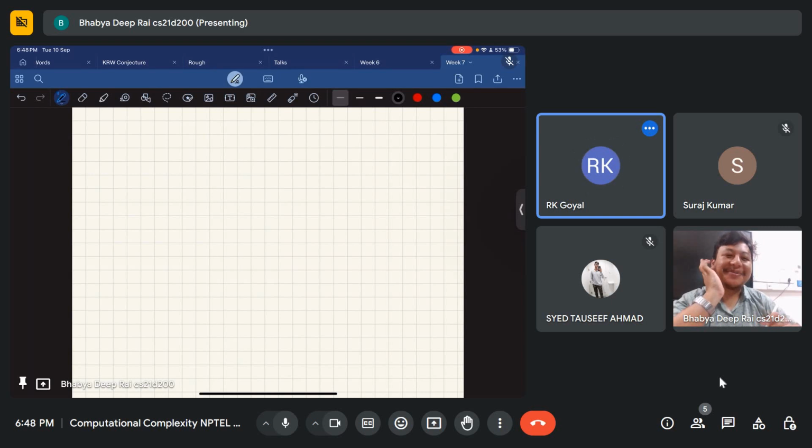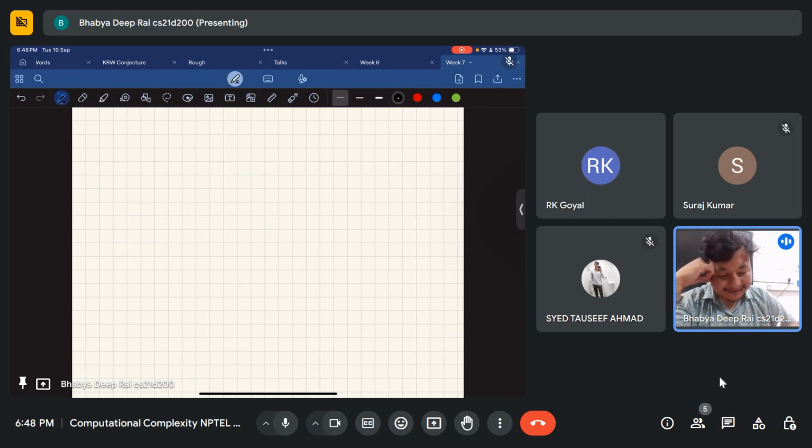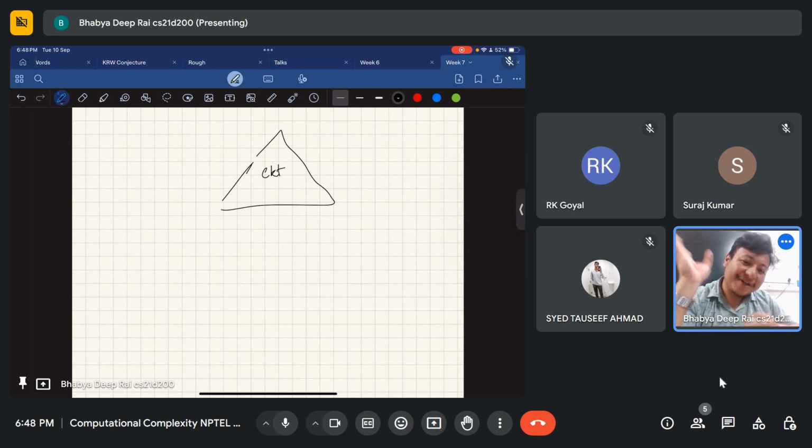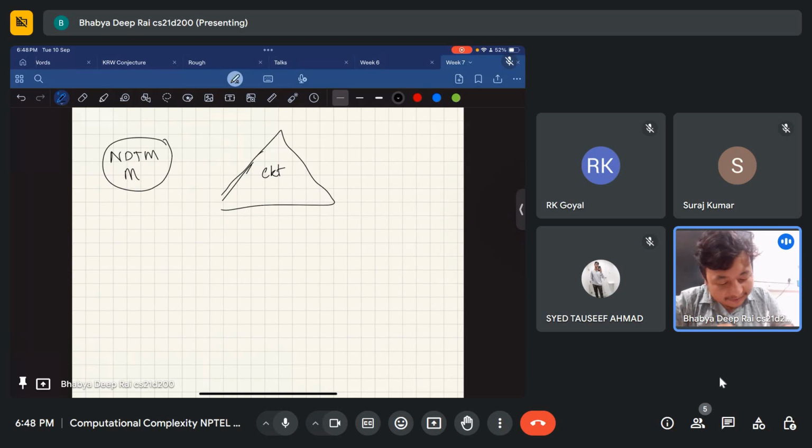Yeah. But see, this circuit is not telling you whether the non-deterministic Turing machine accepts or not. Remember that. So you have this NDTM, and it is a machine M. And here you have the circuit which is equivalent.